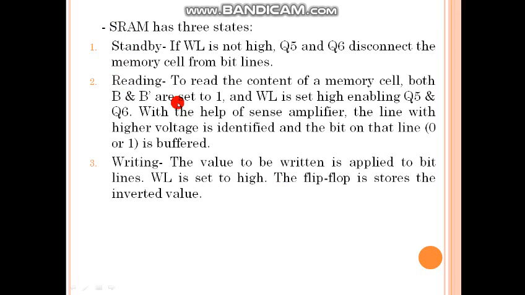This is reading. To read the content of the memory cell, both B and B dash are set to 1, and WL is set to high, enabling Q5 and Q6. With the help of the sense amplifier, the line with a higher voltage is identified, and the bit on the line, that is 0 or 1, is buffered.